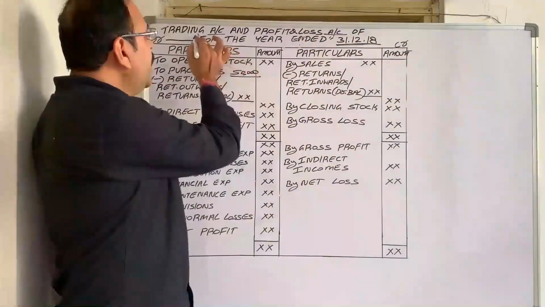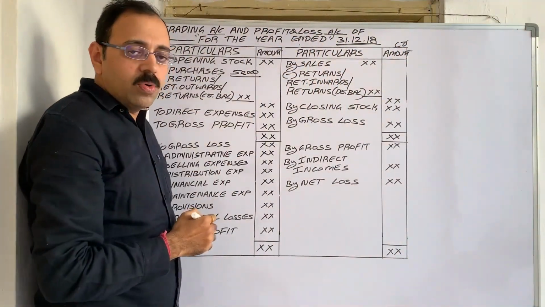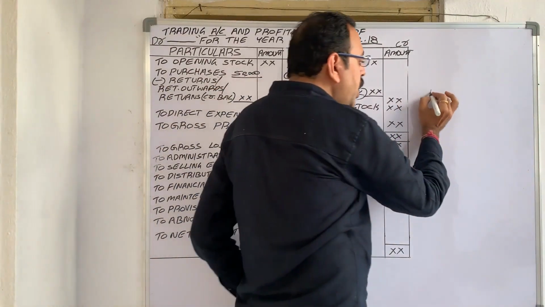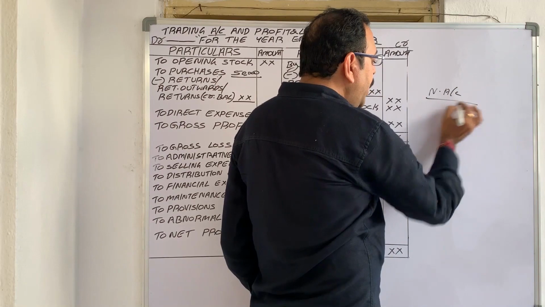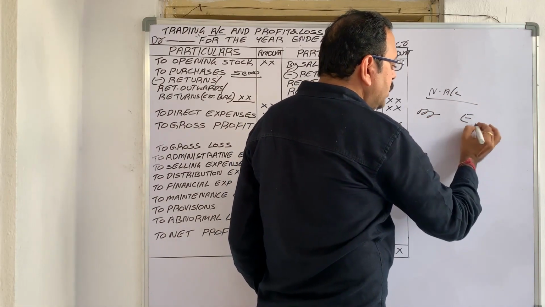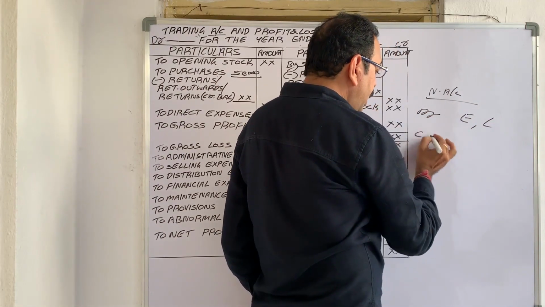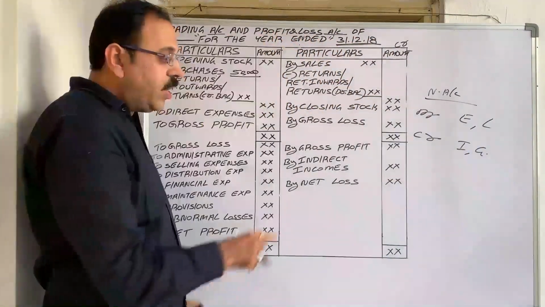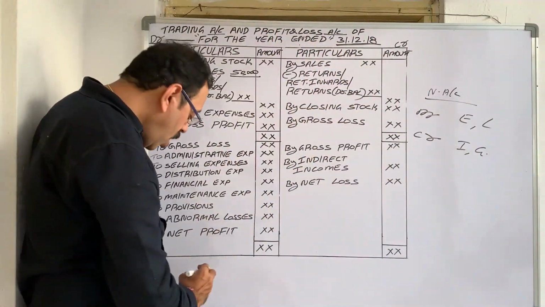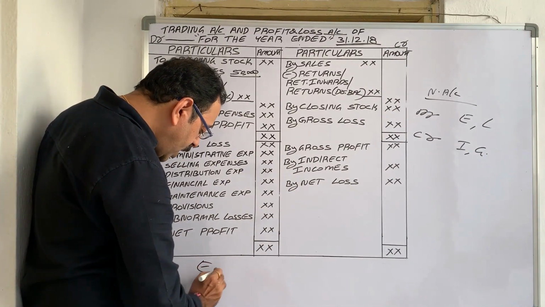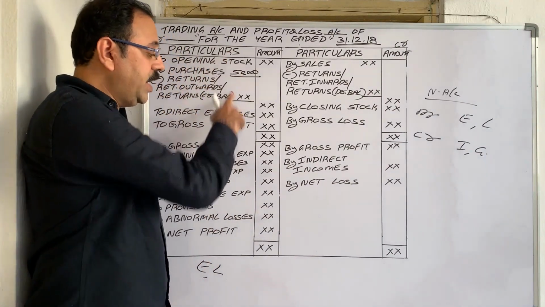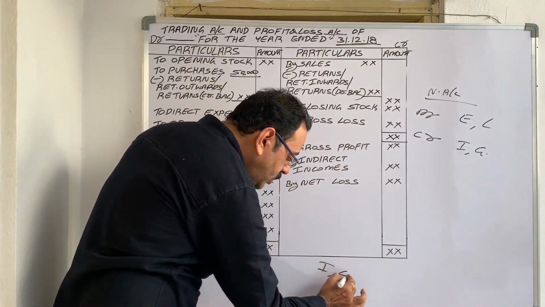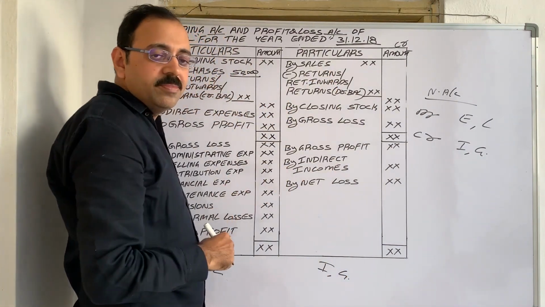Trading account and profit and loss account, these two accounts are nominal accounts. So what is the nominal account rule? Debit all expenses and losses, credit all incomes and gains. According to the nominal account rule, all expenses and losses we write on the debit side, incomes and gains on the credit side.